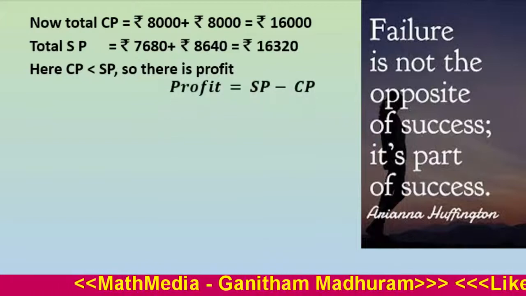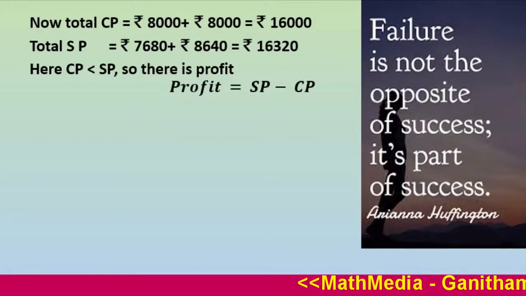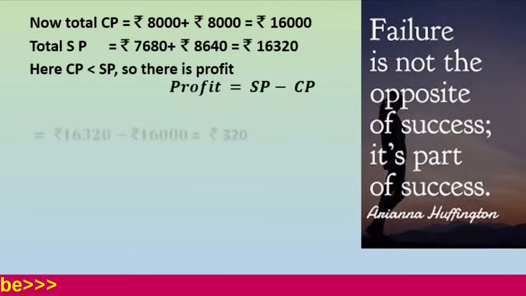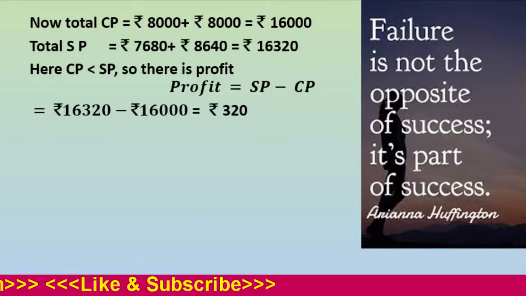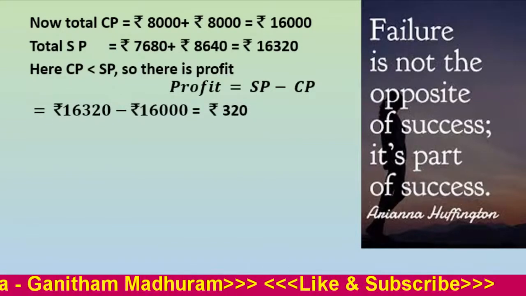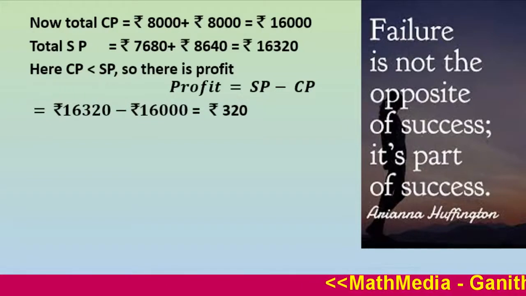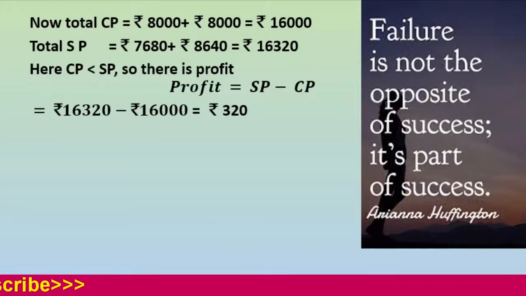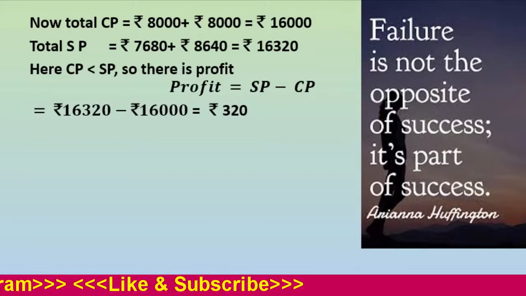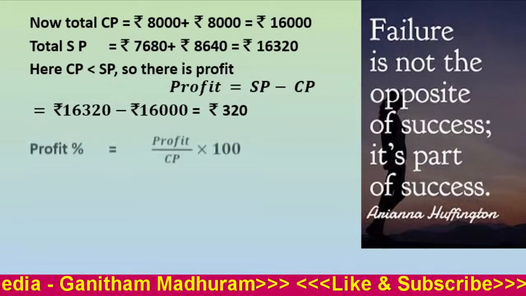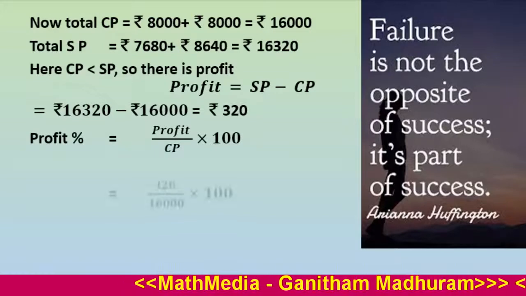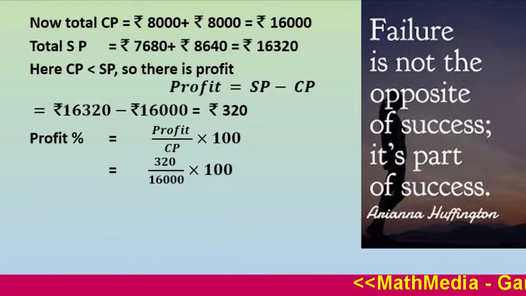Profit equal to SP minus CP. Now we can substitute the values. So we get rupees 320 as profit. Now children, do you remember the formula of profit percentage? Yes, profit upon CP multiplied by 100. So here our profit is 320 divided by 16,000 multiplied by 100.